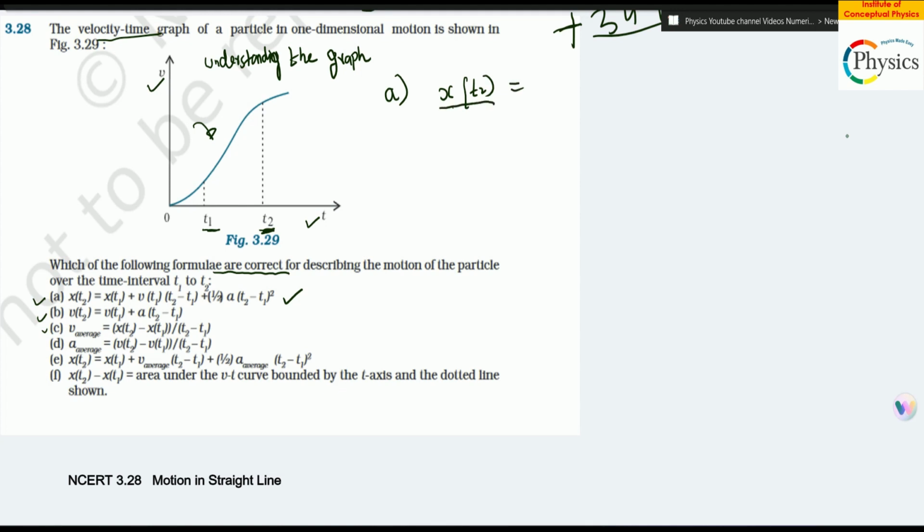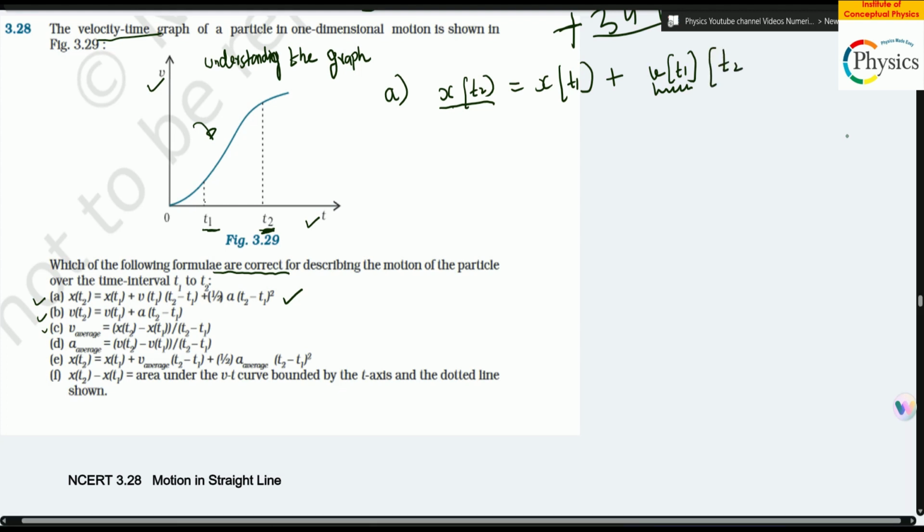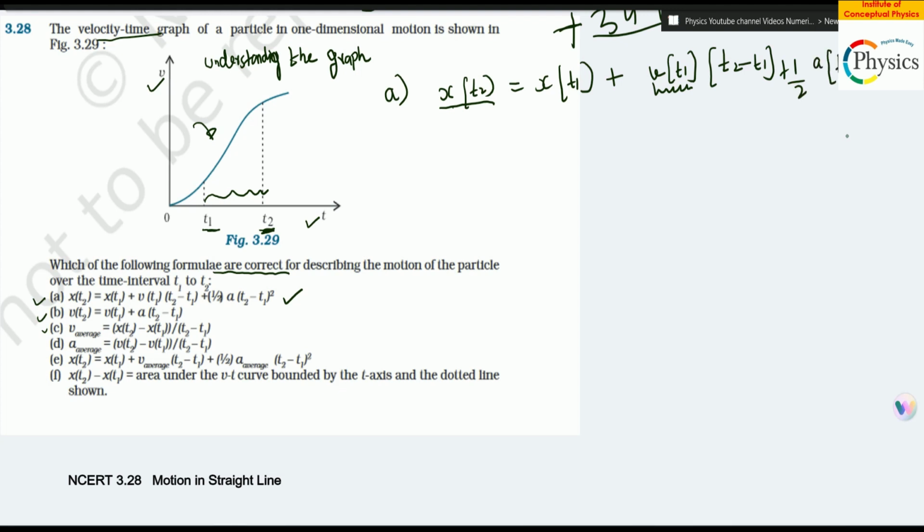So it's position X at T1 plus V at instant T1, this is velocity at instant T1, multiplied by the time elapsed, so this is T2 minus T1, time elapsed, plus half A (T2 minus T1) whole square. Now, we need to decide whether this formula is correct or not.